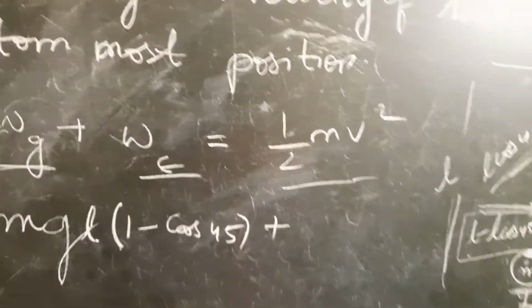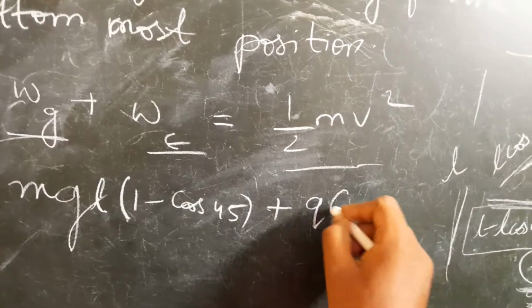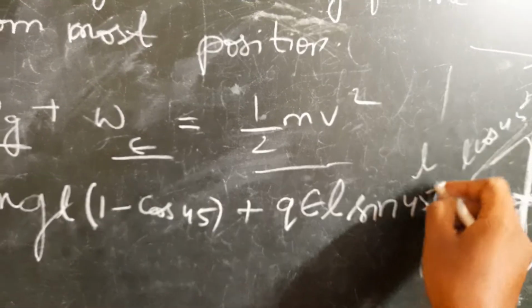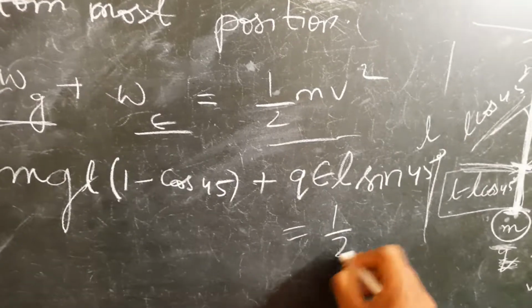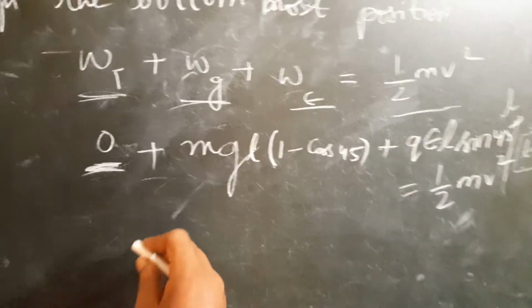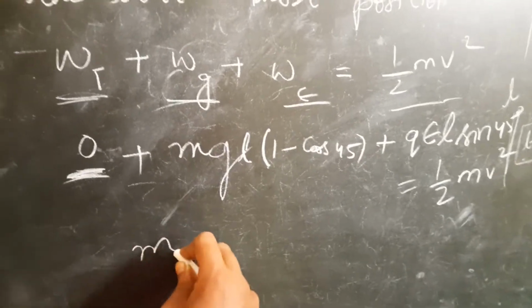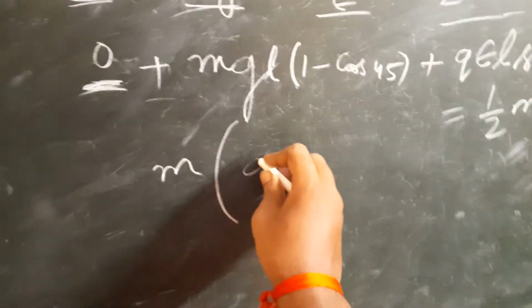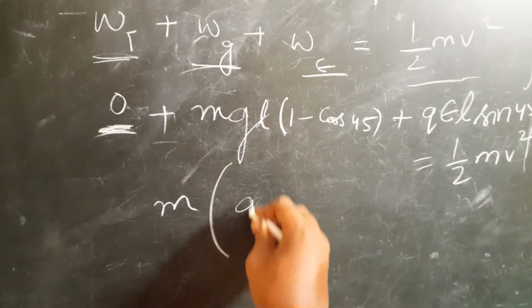The work done by the electrostatic force will be qE L sin theta, where theta is 45 degrees. This should be equal to half mv square. In this equation we can take m as common.